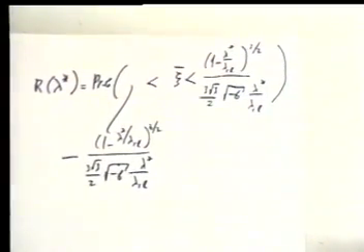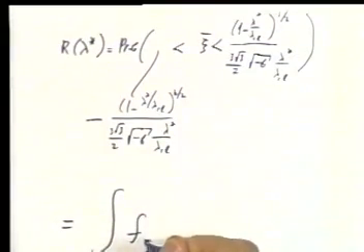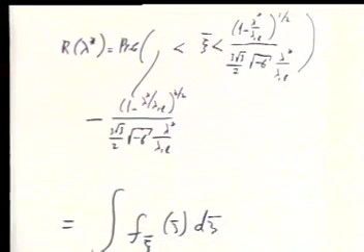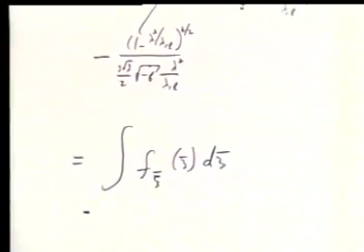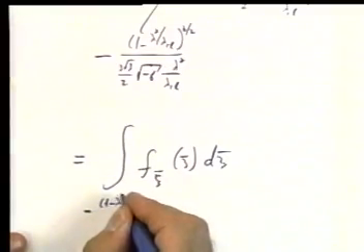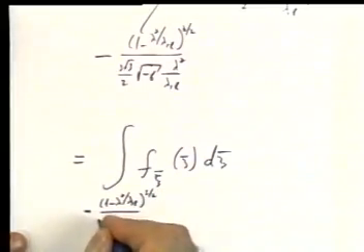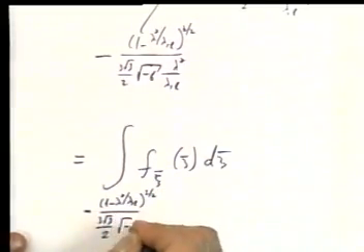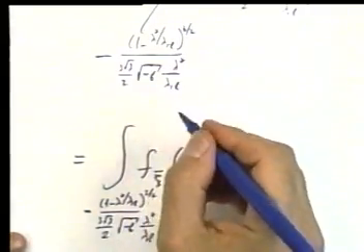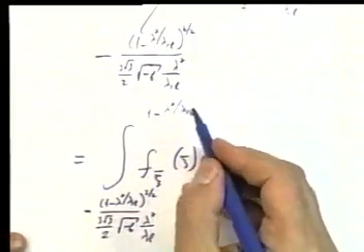Now, we already know that if I know the density, then it is very easy to calculate. That is the integral of f of initial imperfection psi bar d psi bar from minus, okay, I'm writing now, 1 minus lambda star over lambda classical, to the power 3/2, divided by 3 square root of 3 over 2 square root of minus b lambda star over lambda classical. And here is the same with plus.